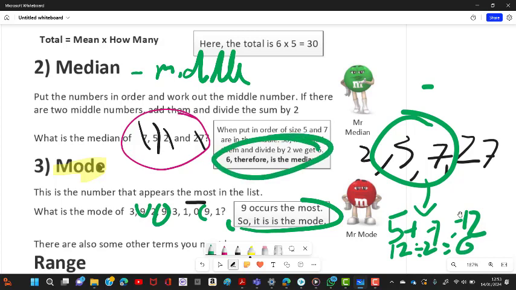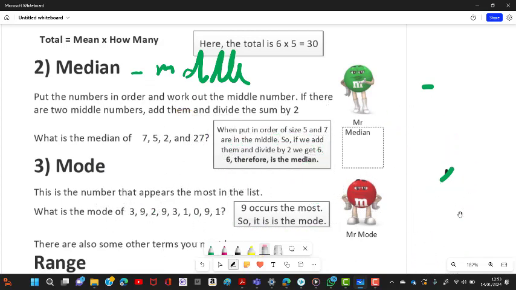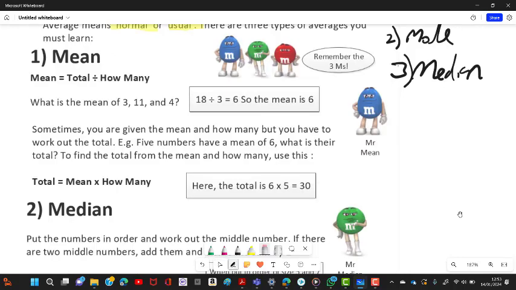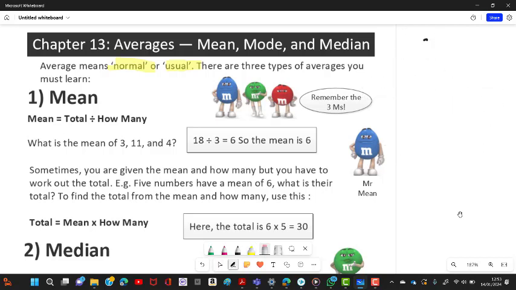So we've done mode. Mode is the one that appears the most. Then we've done median, the middle number when put in size order. And the last one we've got to do is mean. Mean is the meanest to calculate, so that's why it's given the name mean. Mean is quite easy.